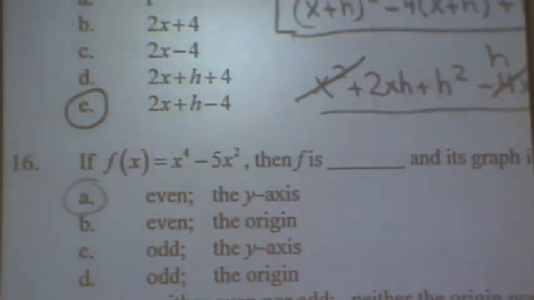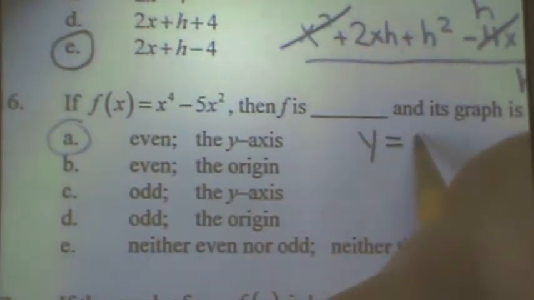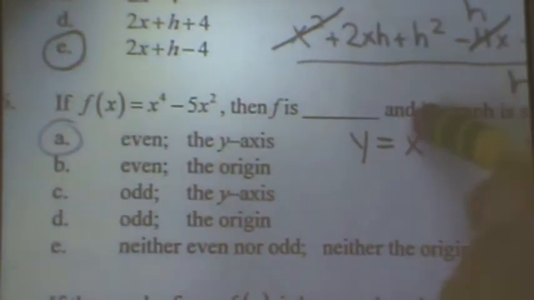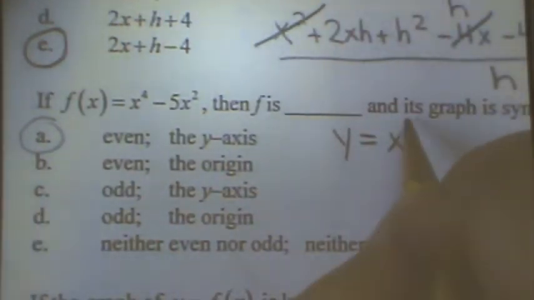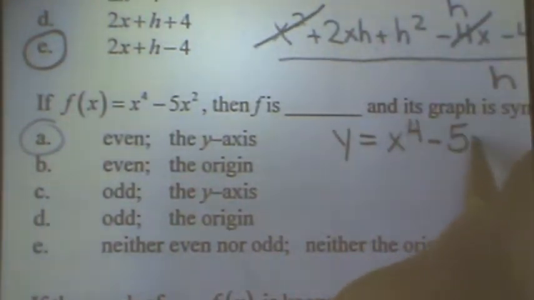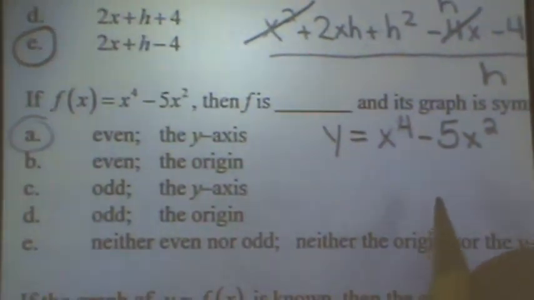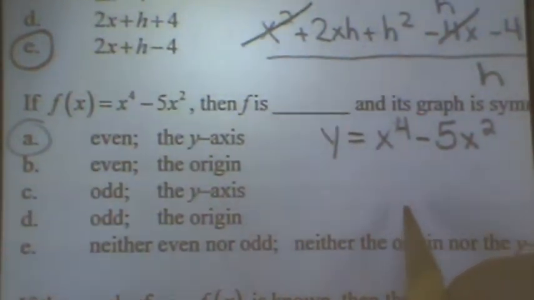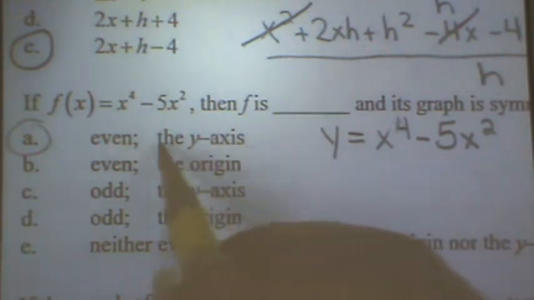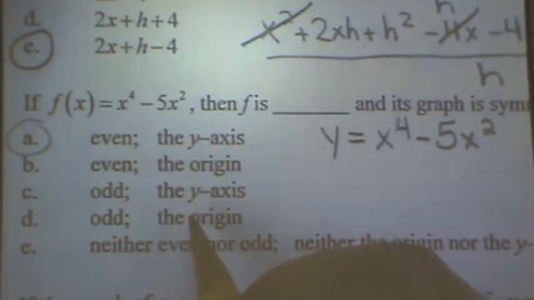Okay? This next function says y equals x to the fourth power, x to the fourth minus 5x squared. Now, if you want to see if it has symmetry to the y-axis means even, origin means odd.